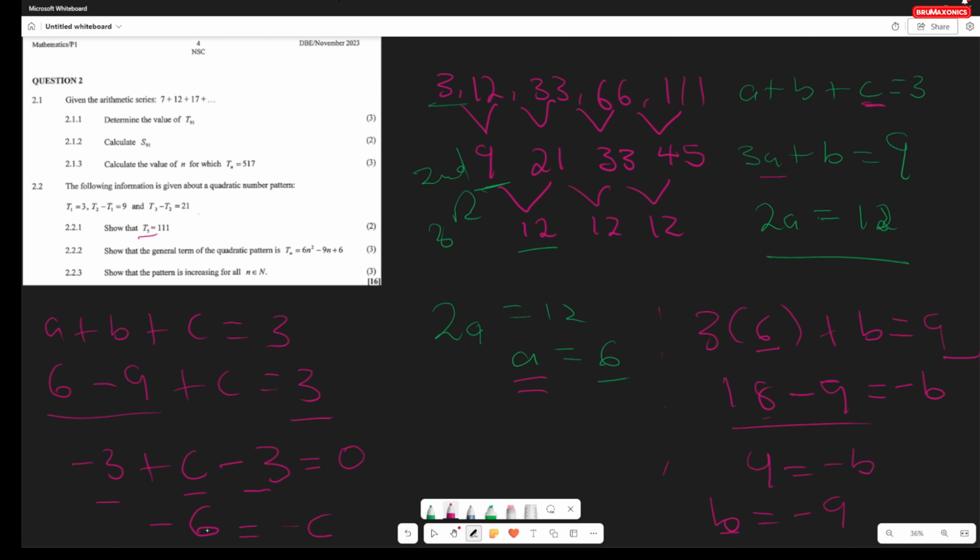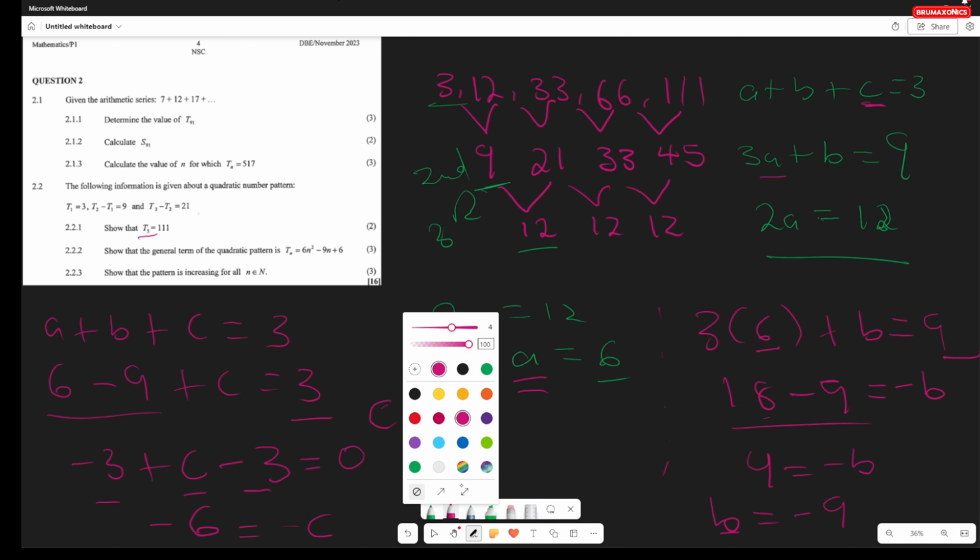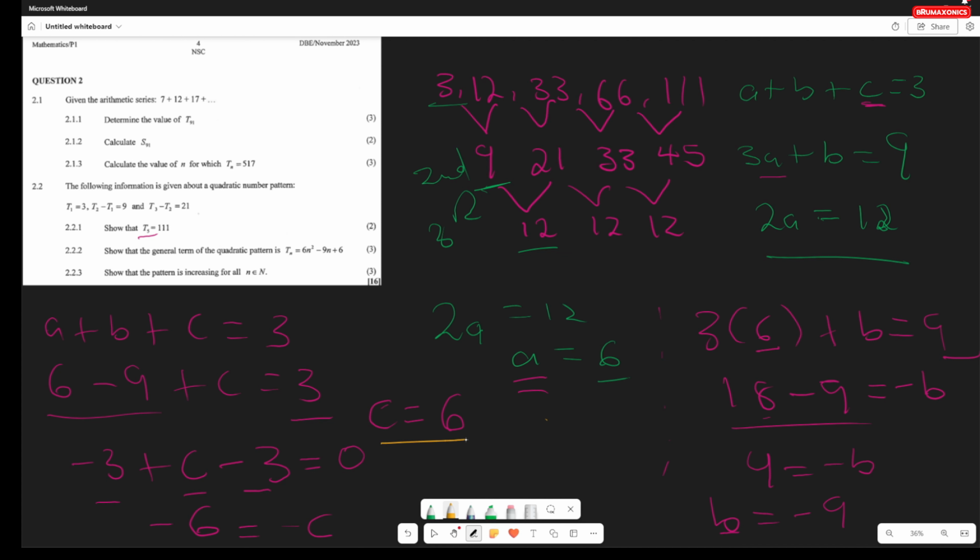Multiply the entire equation by negative, and then c is equal to 6, right? So this is perfect, because we are able to see that our c is 6, our b is negative 9, and our a is positive 6. So that's how you can solve for that particular general term, and I hope you do understand it. Now I'll just clear the board.